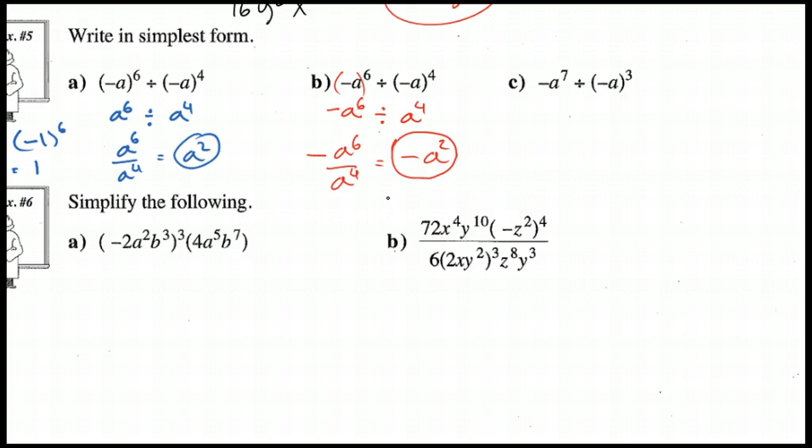Okay, now I have negative a to the 7. And again, that's just going to stay as it is. Divided by, okay, now what happens? Well, let's see. Negative a times negative a times negative a. That's a negative times a negative, that's a positive, times another negative. So that's a negative a to the 3. So that's going to stay as a negative.